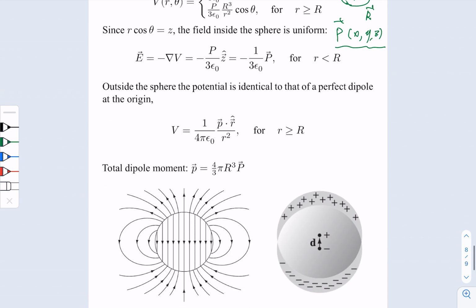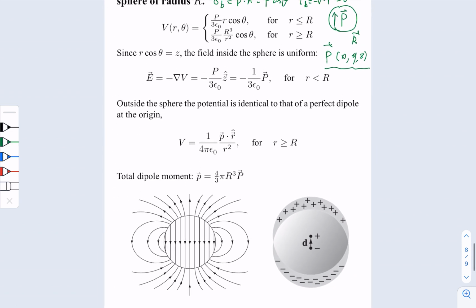So the answer of this problem is extremely simple. Inside this sphere, it's a uniform and constant E field, say pointing downwards, and outside this sphere, there is a very nice dipole distribution. This is simply a combination of the two solutions.